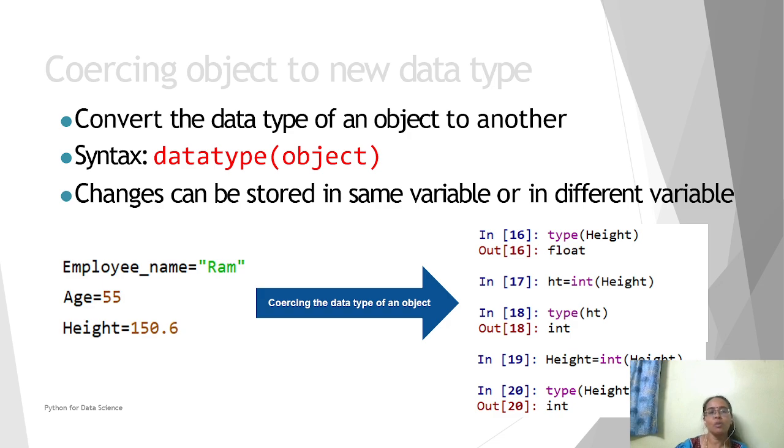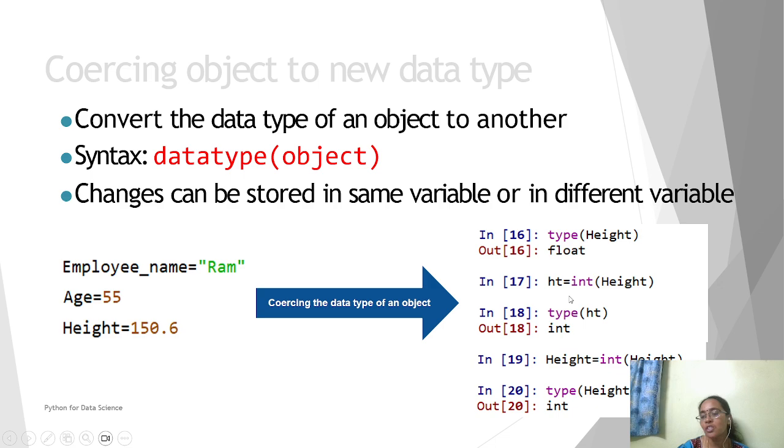Next one, how we convert the data type into another object. For that, I have given type of height is float. In the next line I am assigning another variable ht, converting the float value into an integer value. The height is a float value.